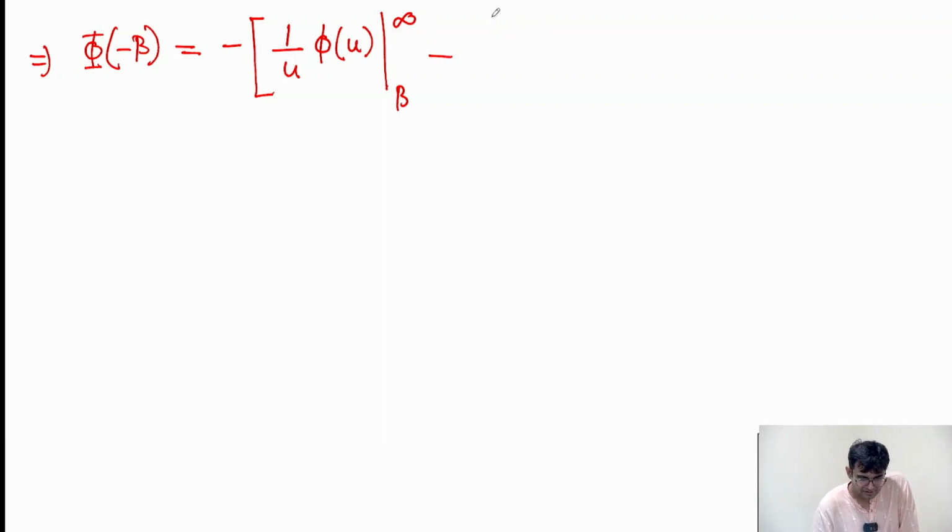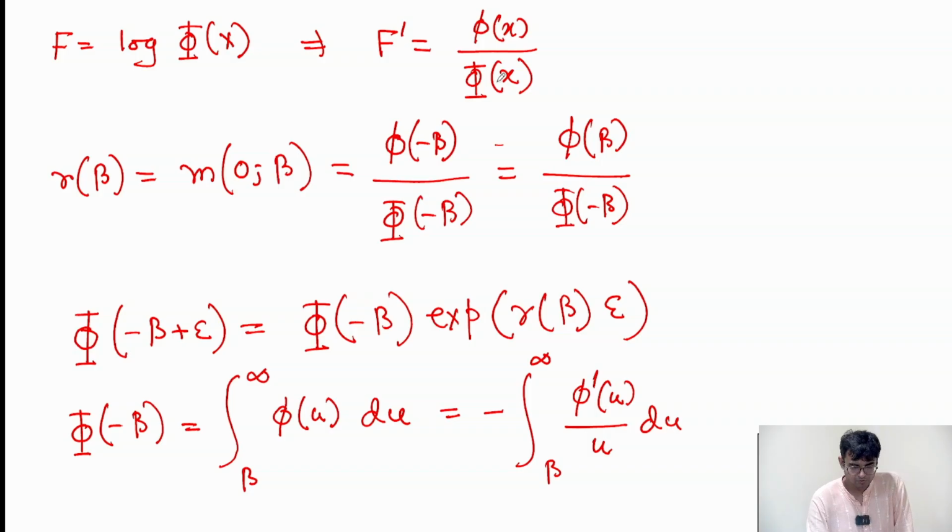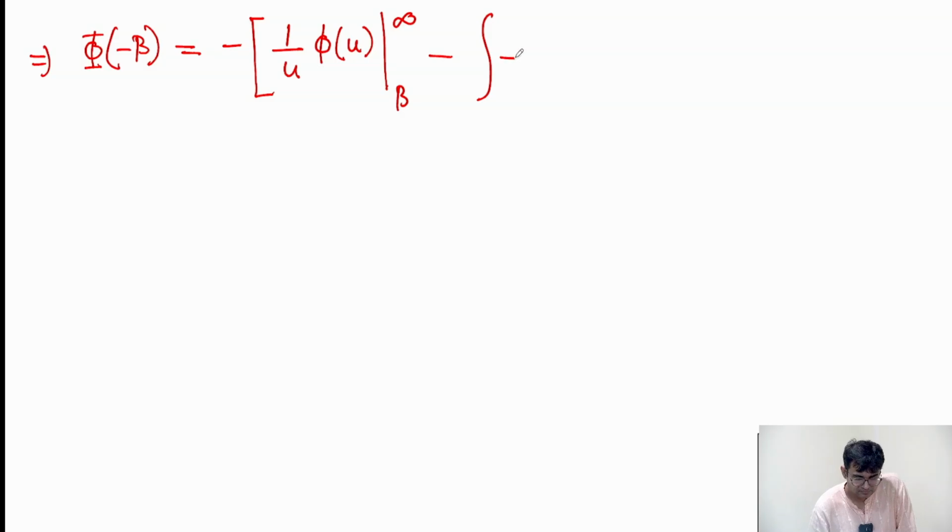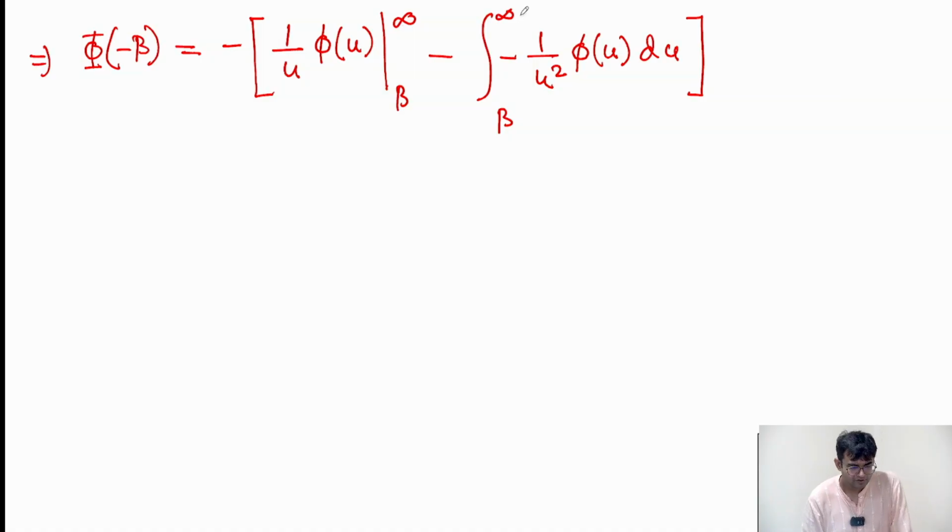Minus integration of 1 by u, derivative of that is minus 1 by u square, and then integration of phi dash u will give me phi u du, from beta to infinity.